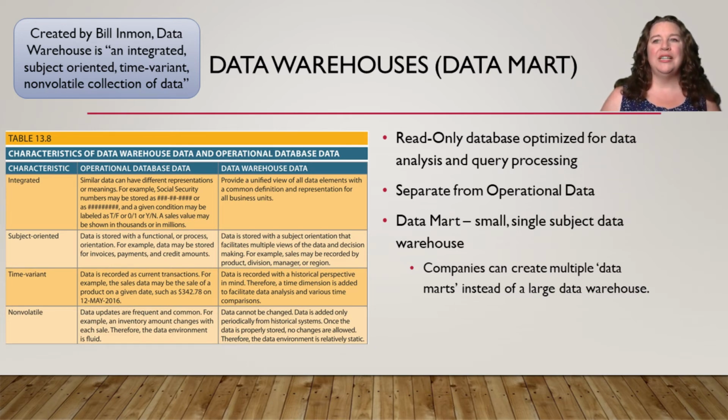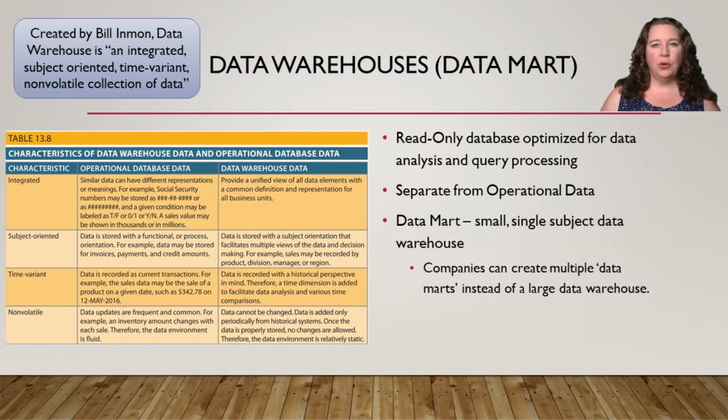We are unnormalized data, and it's going to be integrated in that all of the different data from all of the different departments are all going to be included all at the same time. It's all together because you need information from sales and you need some information from customers at the same time. Everything needs to stay integrated. You might need employees in there as well. Everything's all integrated. So it's one unified view as opposed to having different representations.